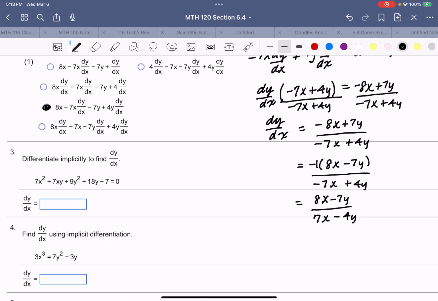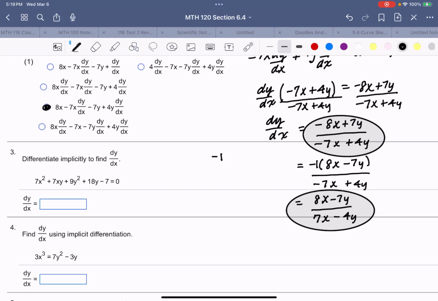Now this answer is completely acceptable, but I just wanted you to be aware that my math lab may go ahead and further simplify and get the expression 8x minus 7y divided by 7x minus 4y. It's just a little bit cleaner because it has the negatives factored out on both the top and the bottom. I could have just also done it this way.